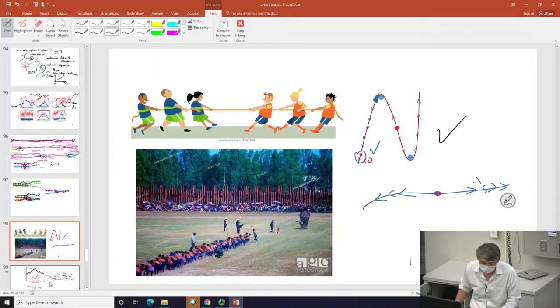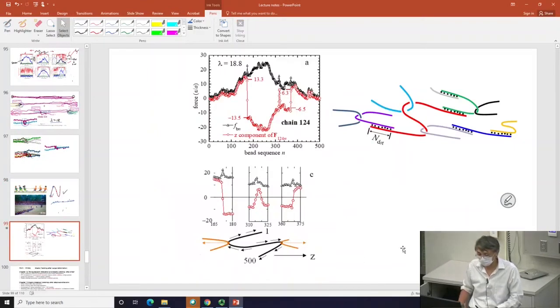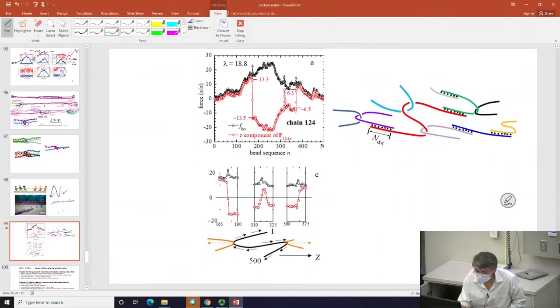Well, this is really the explanation of what we found. What we found was something rather remarkable. This black line is what I showed you. It's the tension in the chain. What Ye Xin did was, for example, he gets hold of this red chain.